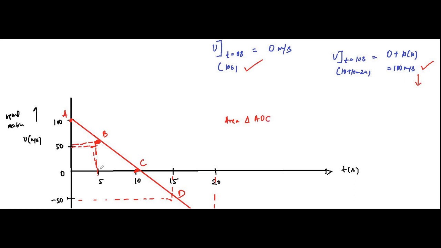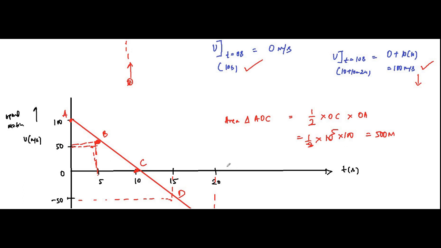So the maximum height reached is equal to 1/2 into base into height, which is OC into OA, that is equal to 1/2 into 10 into 100, which is equal to 500 meters. Positive side, upwards, because positive velocity means the movement of the ball is upwards. This is the maximum height.